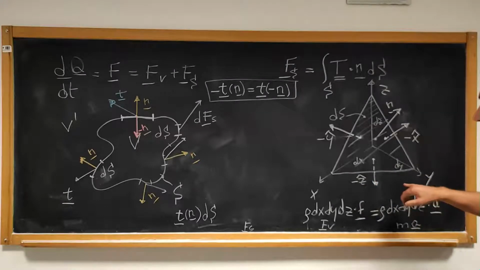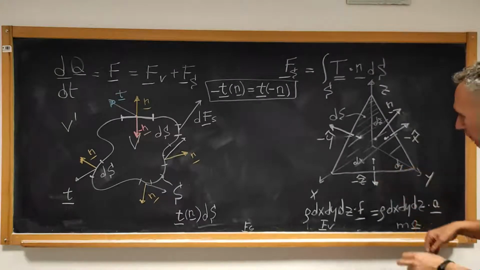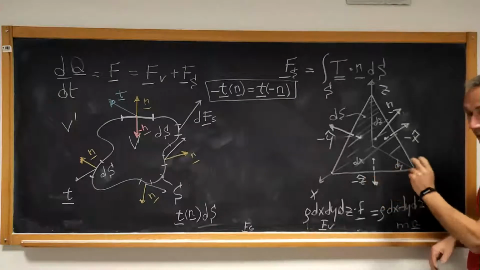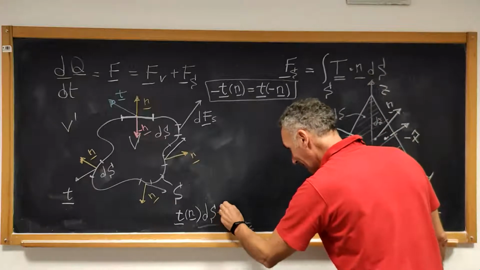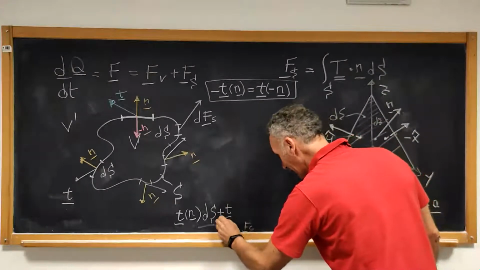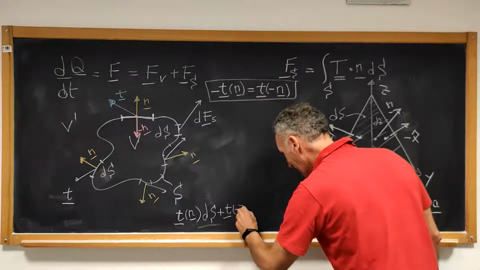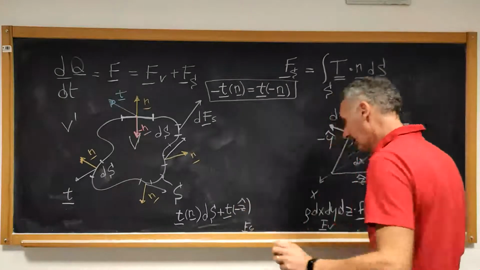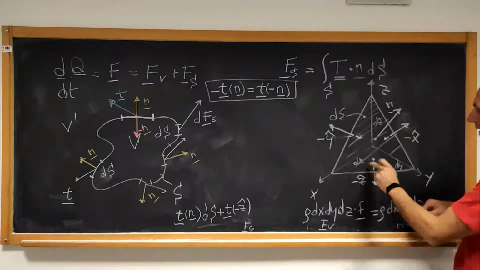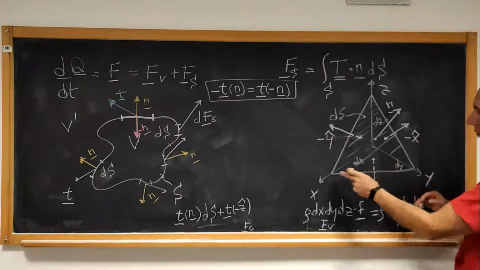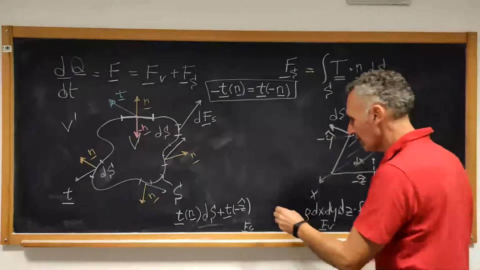Well, first of all, we have the tension, and this would be tension as a function of the outward normal. So we can write plus the tension of minus z hat times ds. Now ds would be dx dy divided by 2, because this is a triangular surface.